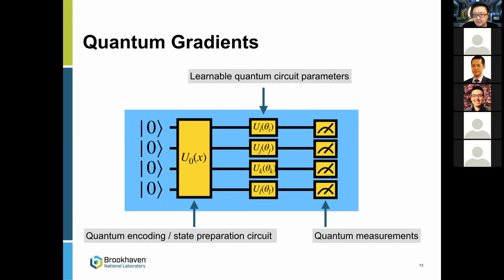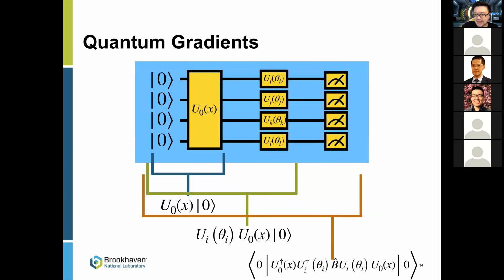So let's go through this step by step. First we have a zero state, and then we go through the encoding stage, which is U0 here. And the encoding stage only depends on the input value x. So we have the encoding U(x) operate on the zero state.